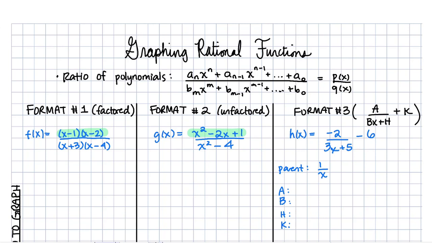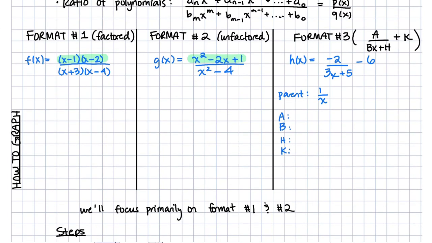So there's a couple problems just to review that and keep it fresh in your brain as a tool, but not all rational functions are going to lend themselves well to this graphing technique. As a result, it's not our main go-to tool for graphing in general. It's just a handy tool that we keep in our back pocket that works sometimes. So we'll just say that we graph these with transformations.